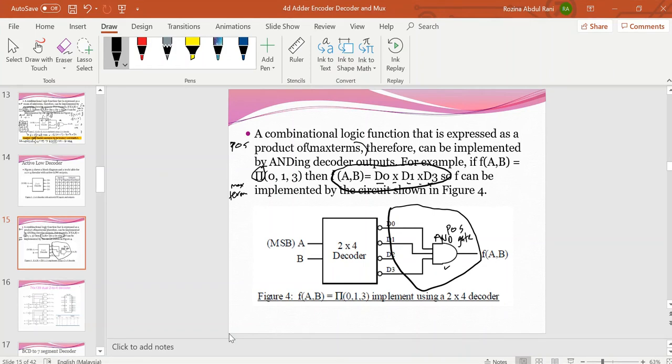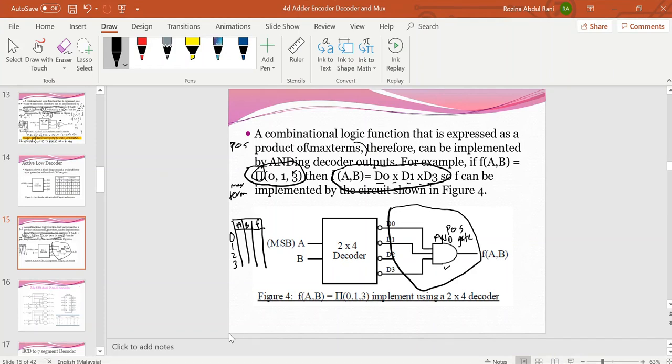Then if you refer to this, you can also draw the truth table for this decoder. We have A and B as inputs and F as an output. Since the highest number is 3, we have 4 possible inputs: 0, 1, 2, 3.